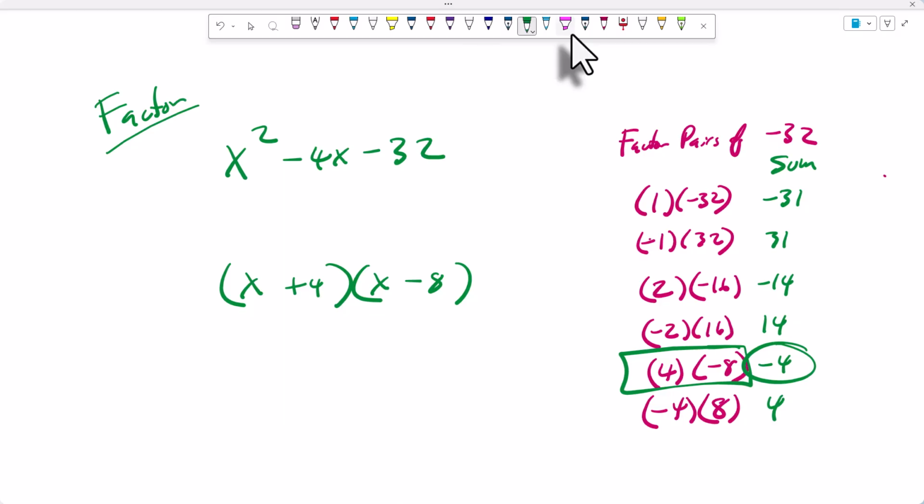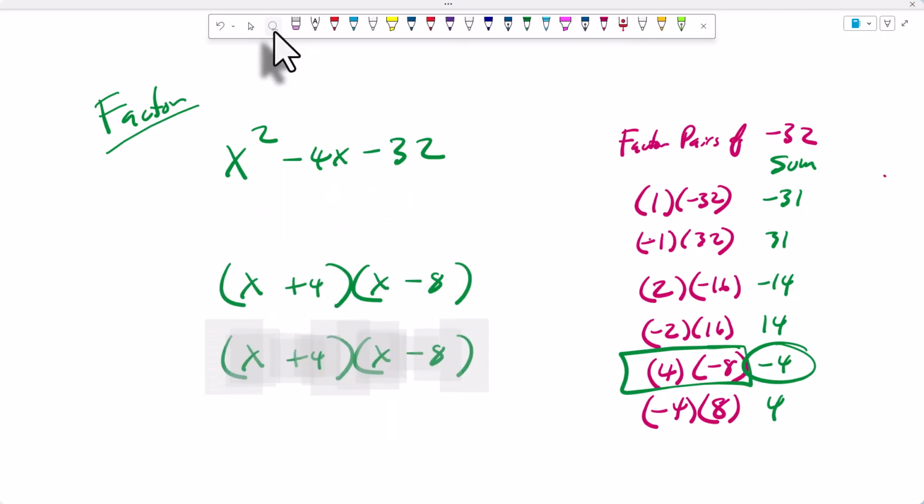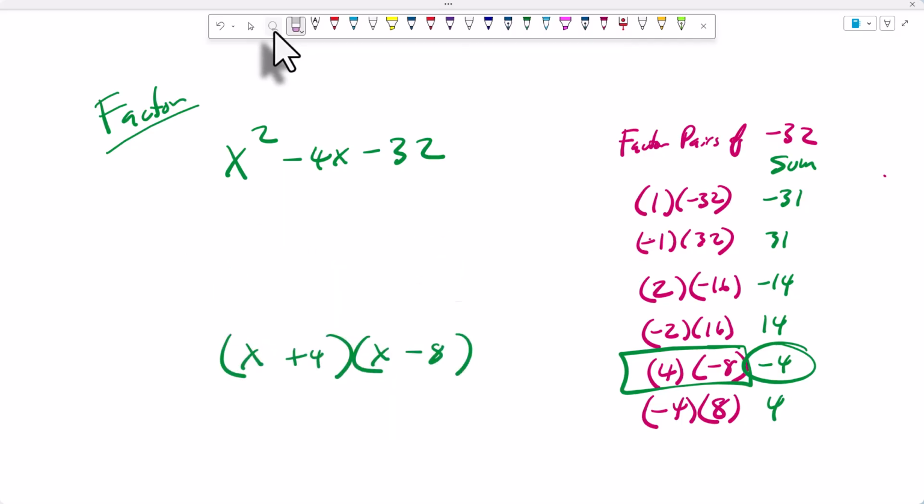You got that? Again, let me show you if we do break it up. All right, we change this to x squared, and we go plus 4x minus 8x minus 32.